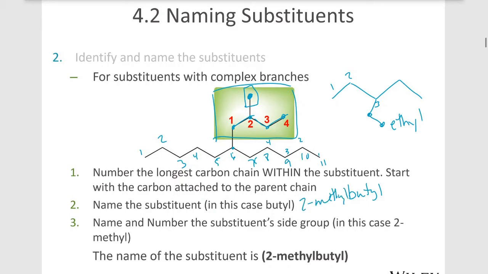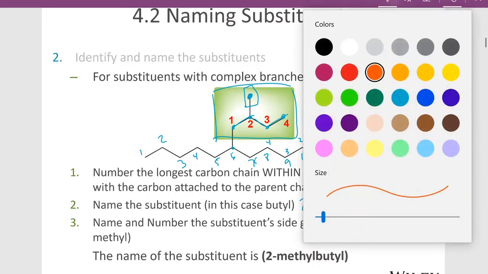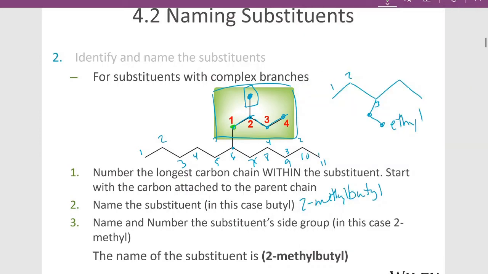Now numbering these is a little bit different from numbering a parent chain, because you have to start numbering at the carbon that is attached to the parent chain. So we have to start numbering at the carbon attached to the parent chain. That's going to be carbon number 1.